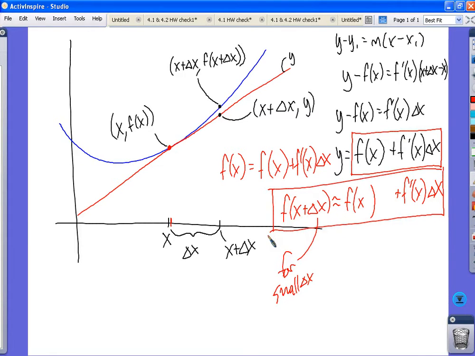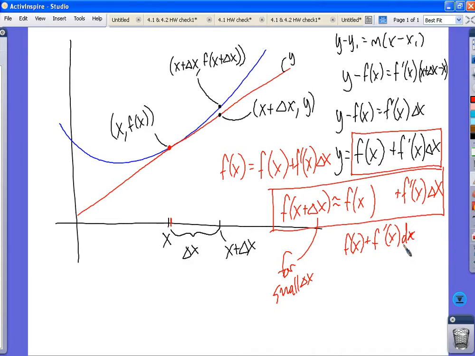Okay? One more thing before we do an example, it's just a small notation thing. When we're using such small values of delta x, we give it a different notation just to denote it's very, very small. Not just any old delta x, but very small delta x's. So we'll say that f of x plus delta x is approximately equal to f of x plus f prime of x times dx.